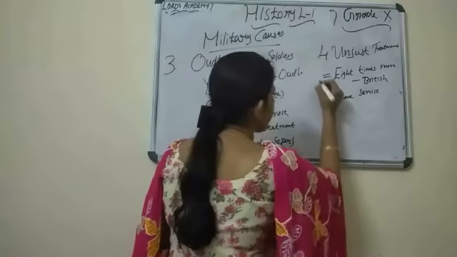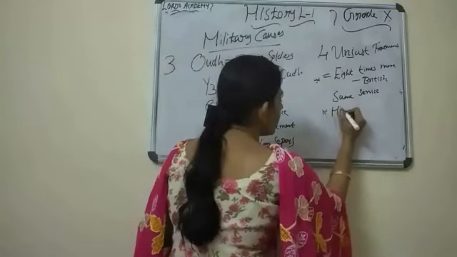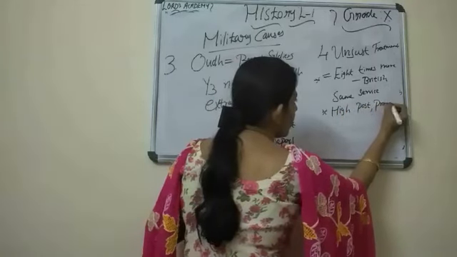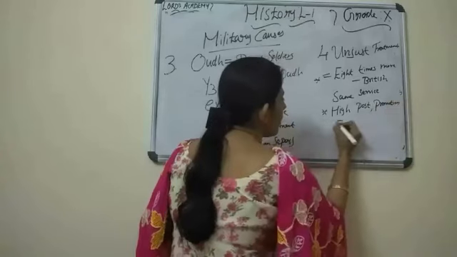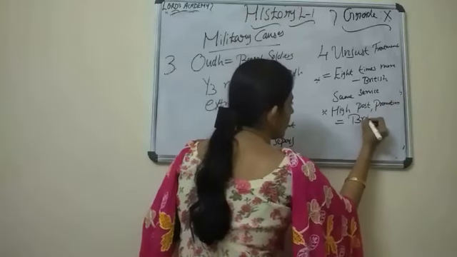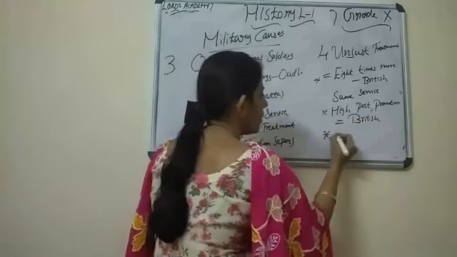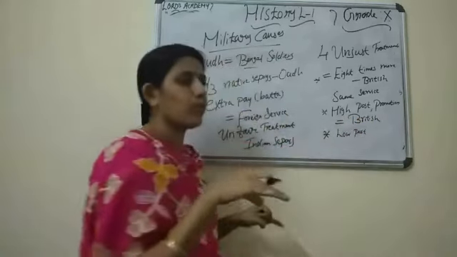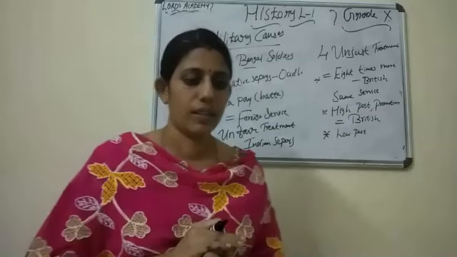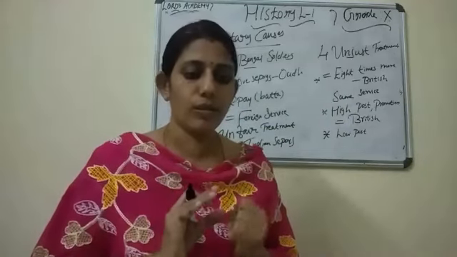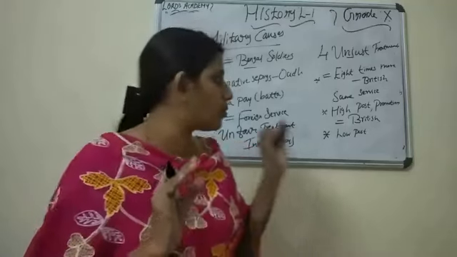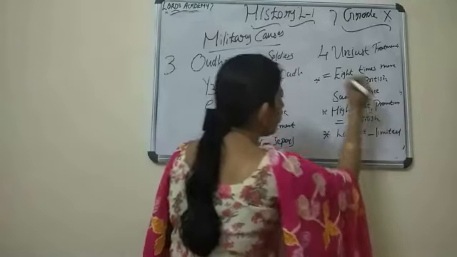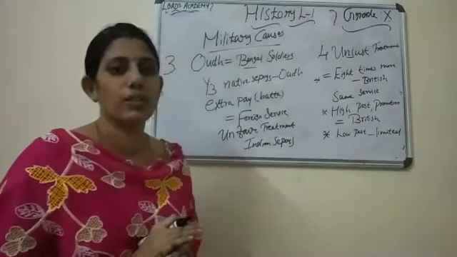The second one is about the promotion. High posts and high promotion are only meant for the British. For the Indians, there are only low posts, and the chances of promotion are very limited. So these are also examples of unjust treatment.